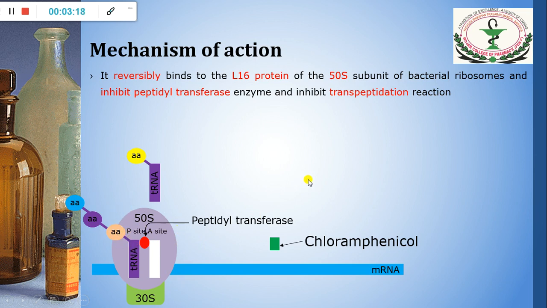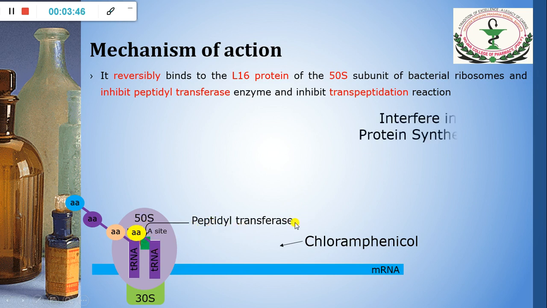Now we will see what happens with chloramphenicol. Chloramphenicol will bind the peptidyl transferase and inhibit it. So the tRNA will attach to the A site, but the transfer of amino acid will not be possible because the peptidyl transferase is blocked by the chloramphenicol.